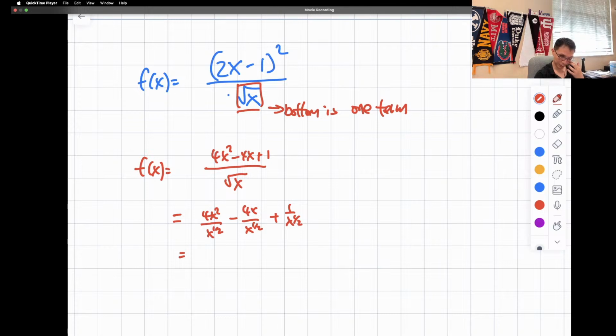That's going to be 4x to the 3 over 2 minus 4x to the 1/2 plus x to the negative 1/2. Does everybody understand what's going on?